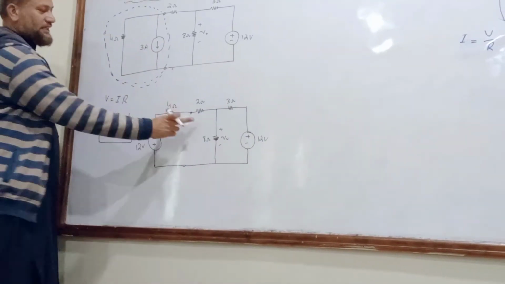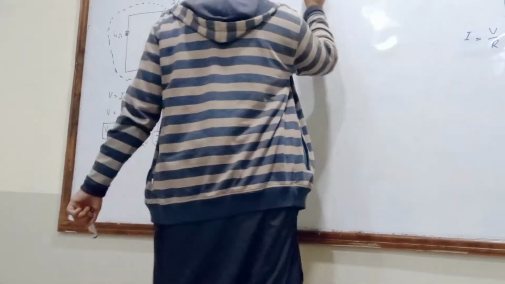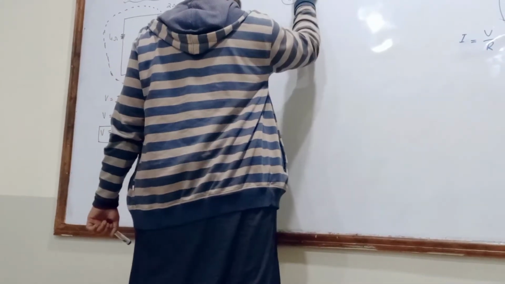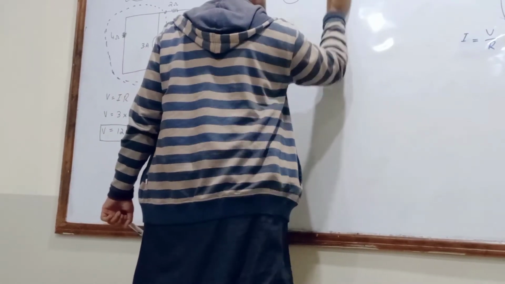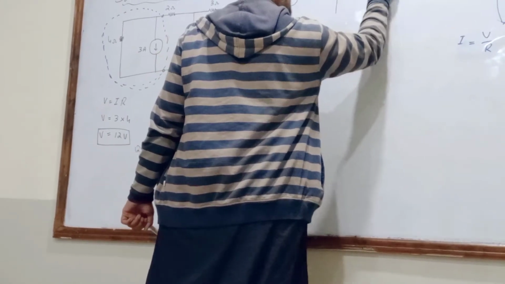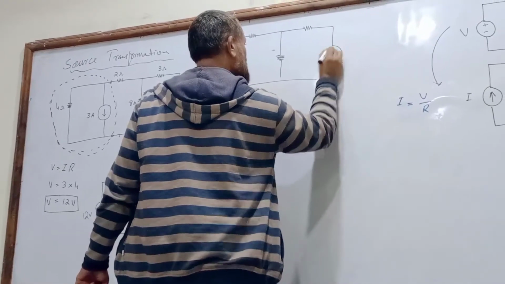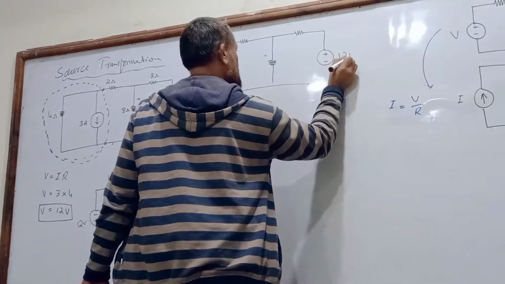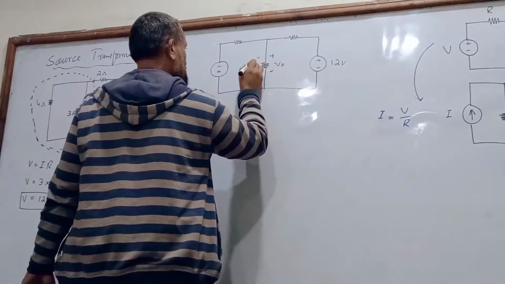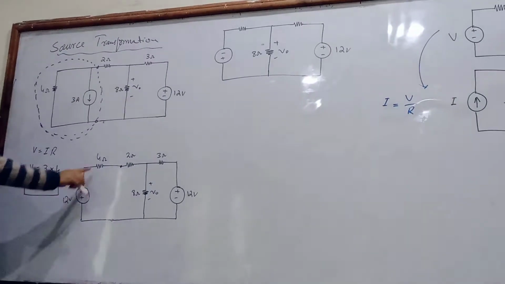Further, these two resistances are in series. How much is this one? 8. And how much is this one? 6.